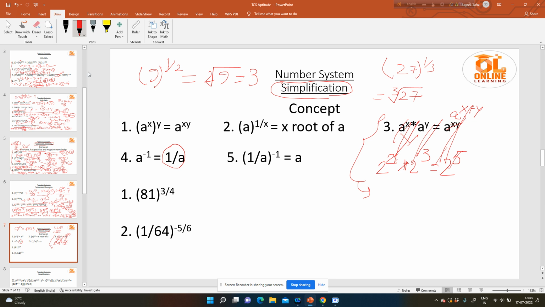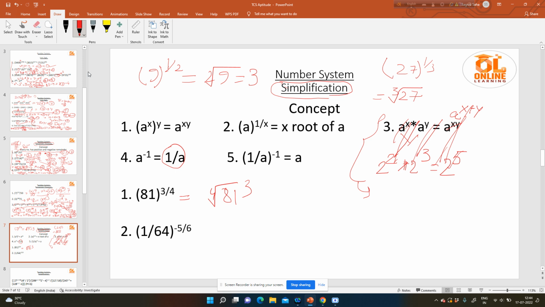Okay, it is given 81 to the power 3 by 4. It means the cube of the fourth root of 81. So always remember, TCS or any other company will not give you any number in points.